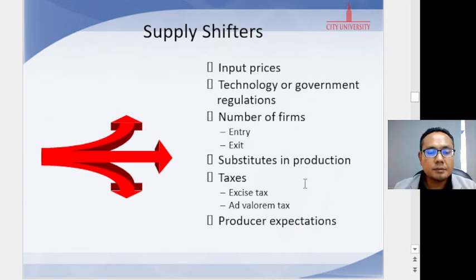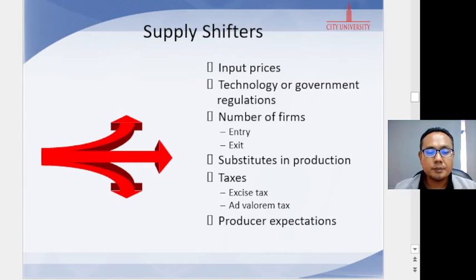we also have supply shifters, or determinants of supply. The first one we can see here is input prices. The supply curve reveals how much producers are willing to produce at alternative prices.